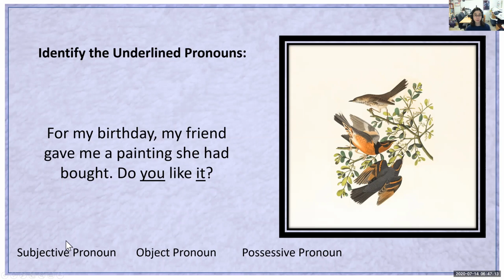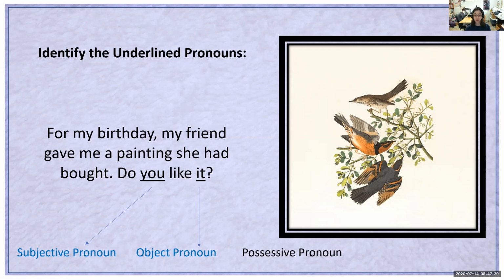Is it subjective, objective, or a possessive pronoun? If you said that it is an objective pronoun, you are correct. So again, you is a subjective pronoun. It's the subject of the sentence. And it is an objective pronoun. It receives the action. Do you like it? So again, subjective and objective.